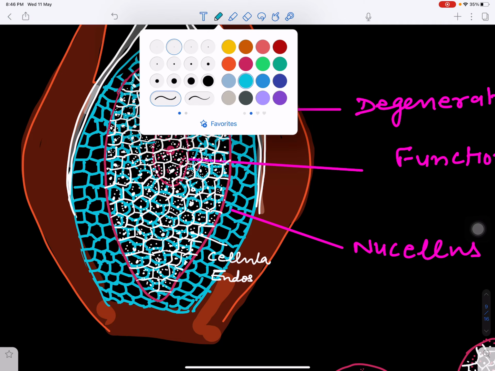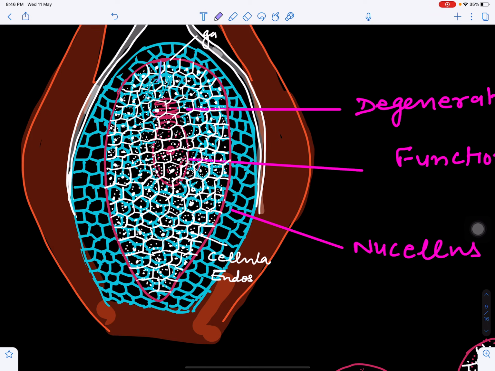I'll use a different color, since this is not visible to you. We can use this color here. Archegonia will develop over here, and how archegonia develop will be discussed in the next video.